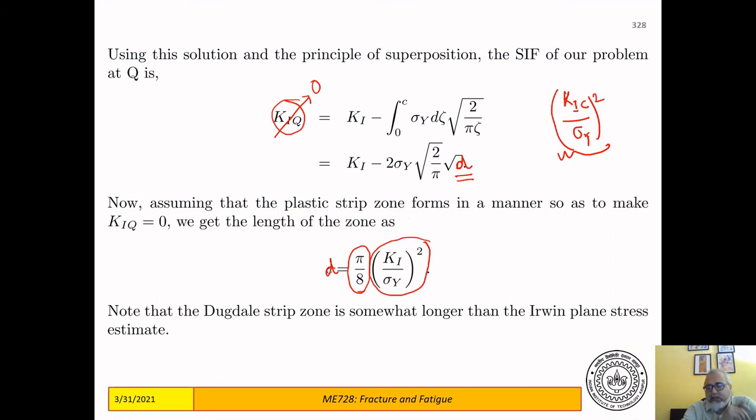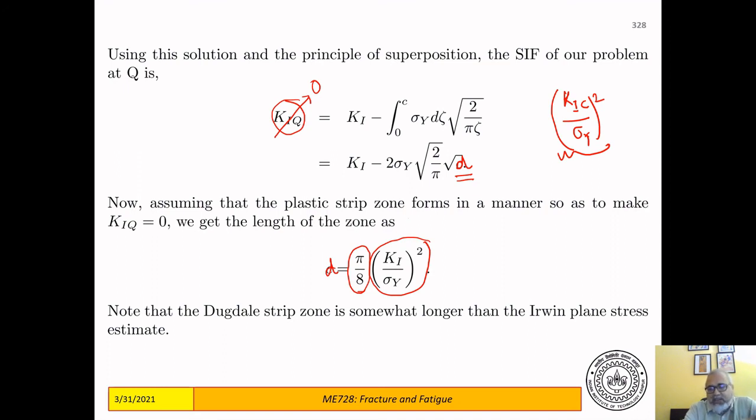And the third thing to note is that the plane stress plastic zone is always significantly larger than the plane strain plastic zone. The plane stress occurs more at the surface of the specimen, whereas plane strain occurs deep inside the specimen. These are the learnings that we take from the simplified analysis.